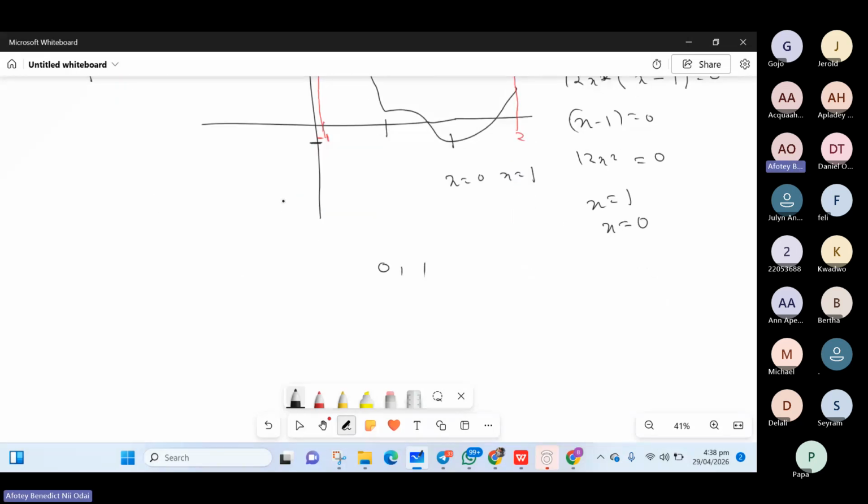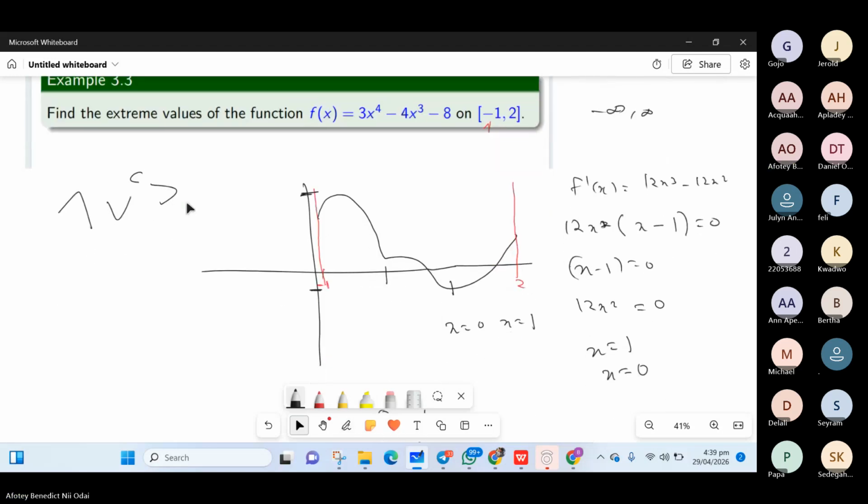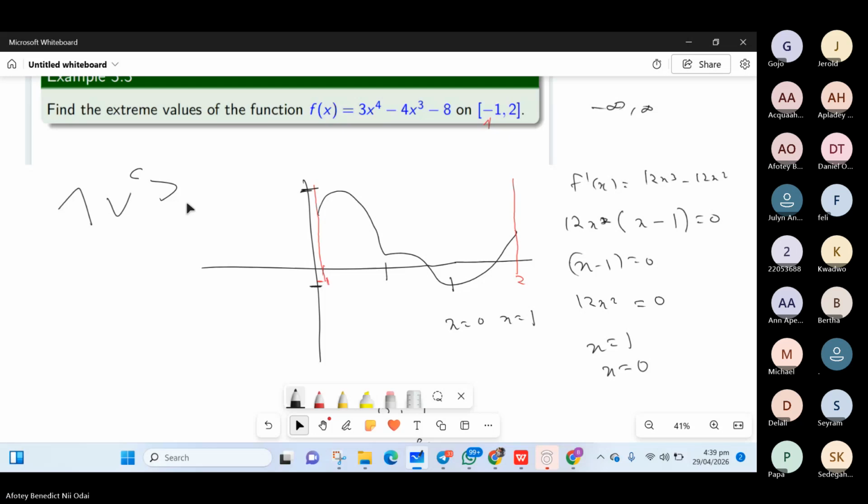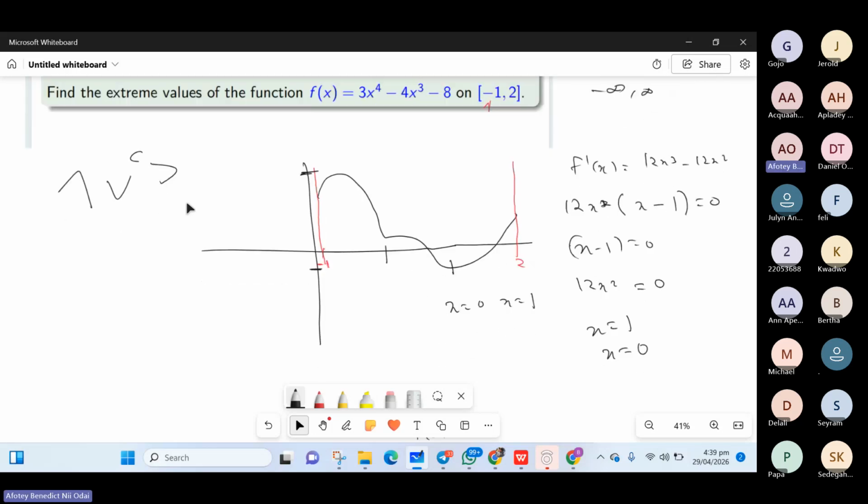So let's put 0 and 1 in our function. We don't put the 0 and 1 in our differentiated function because we are finding the value on the original function that we've been given, not the differentiated one. We are not using that for anything, right? So f of 0 is equal to -8.